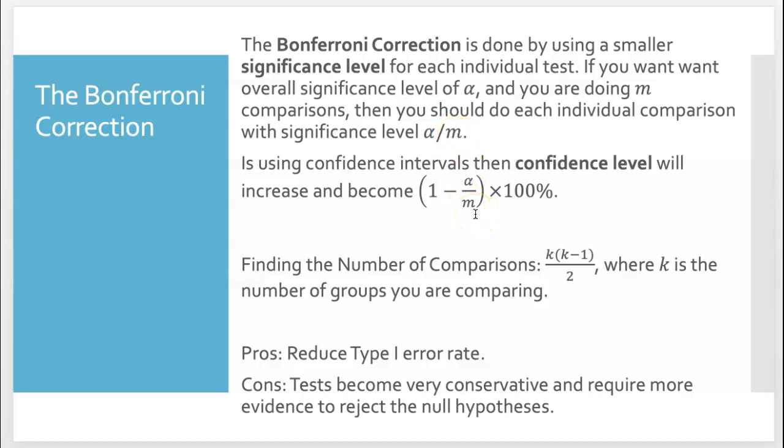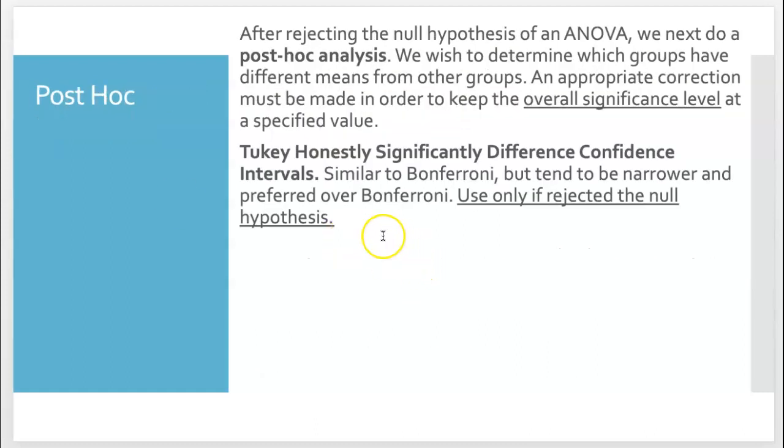It is a slick, crude, quick approach, but it doesn't work well for a large number of comparisons. So Tukey does much better in that respect, but I'm not going to get into how they derive it because then we get into mathematical statistics. Bonferroni has some intuition behind it, but Tukey is a little bit more mathematical.